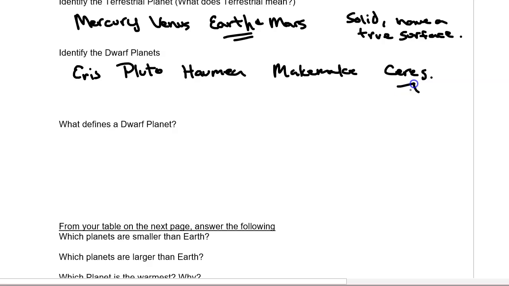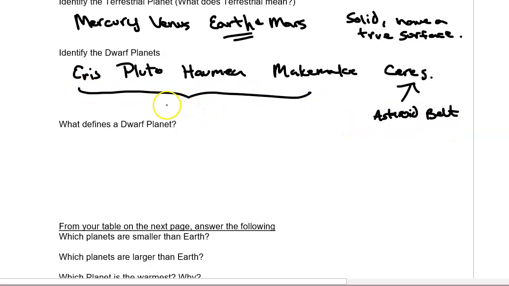Now, Ceres is actually in the asteroid belt, located between Mars and Jupiter. And these 4 are beyond Neptune, usually, anyway. Pluto kind of comes in and out a little bit. It has a much more elliptical orbit.